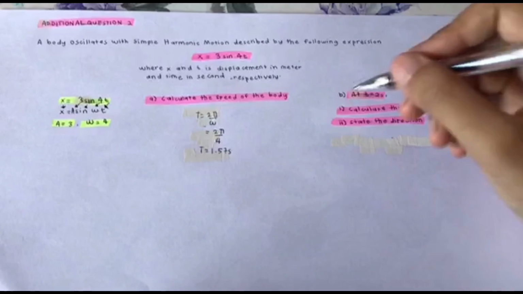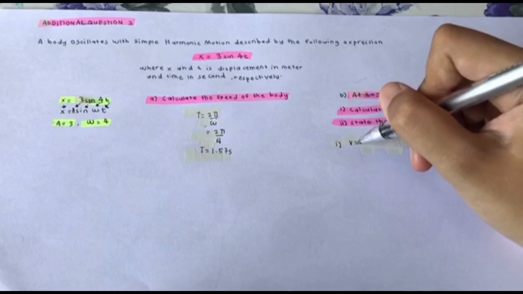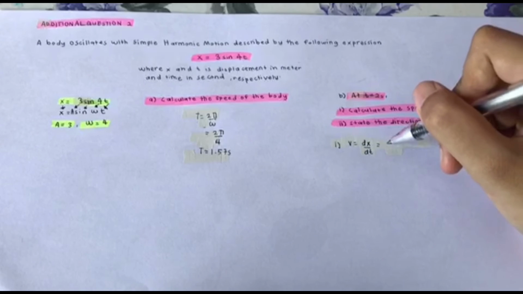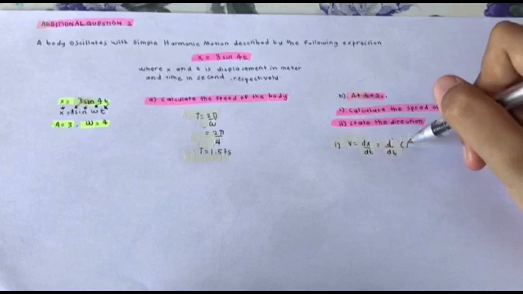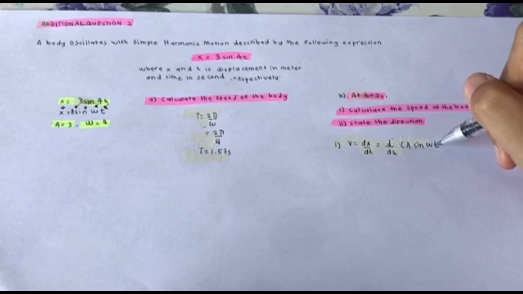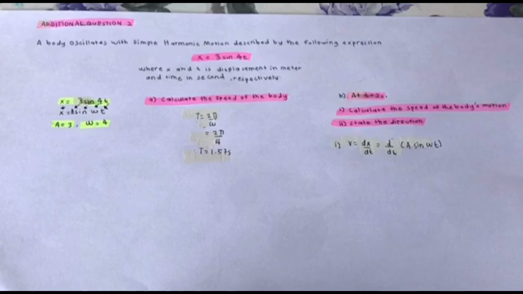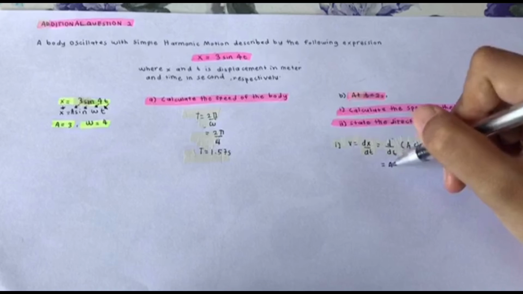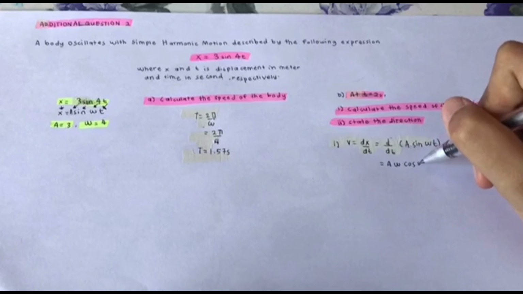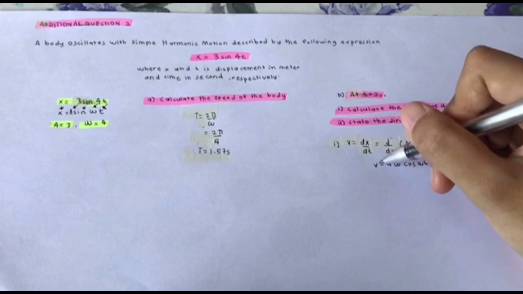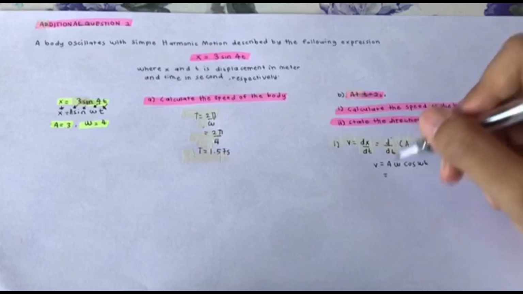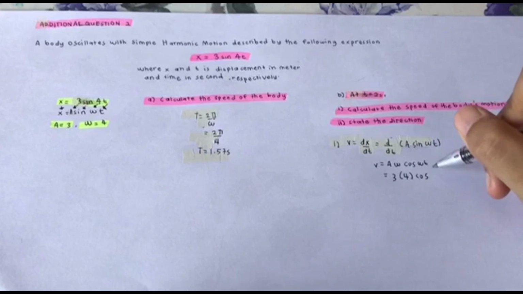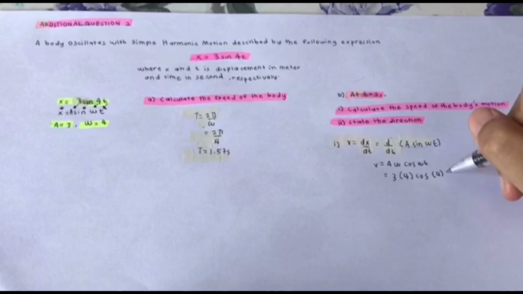So first we have to derive the equation of velocity. V equals to dx over dt, and we get d over dt of A sin omega t. Then we have to use formula A omega cos omega t. So we have to substitute the value of A, which is 3, and omega, which is 4, cos 4t.